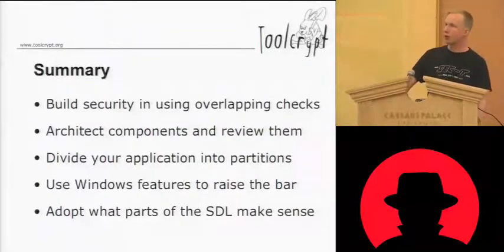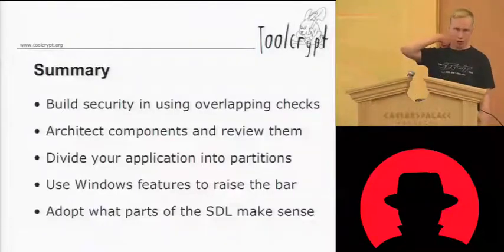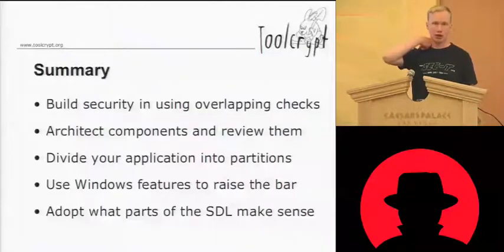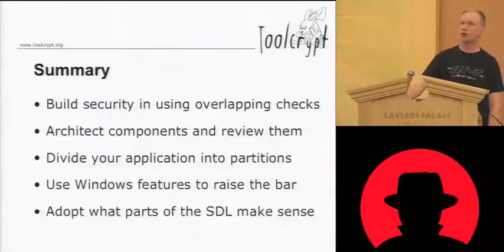And once you've done that, try to partition your application and put components that don't need privileges into a separate sandbox process or something like that. And use the other Windows features to raise the bar for the attacker.